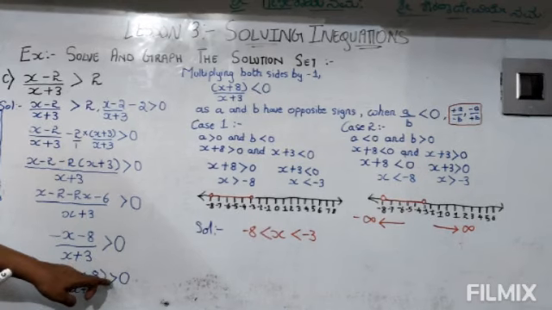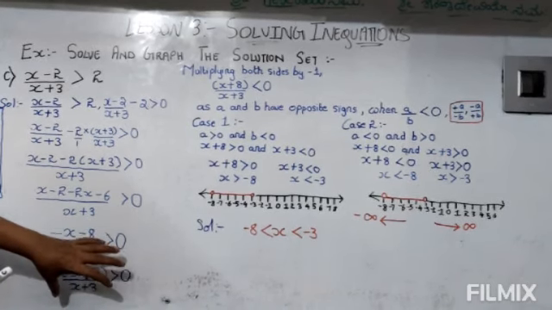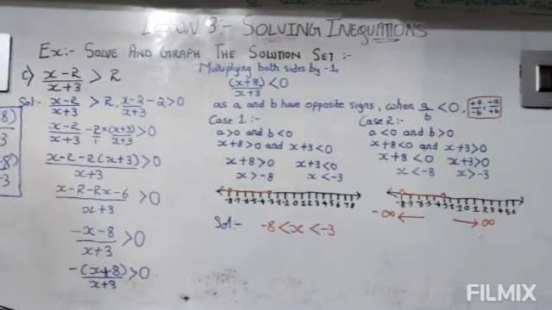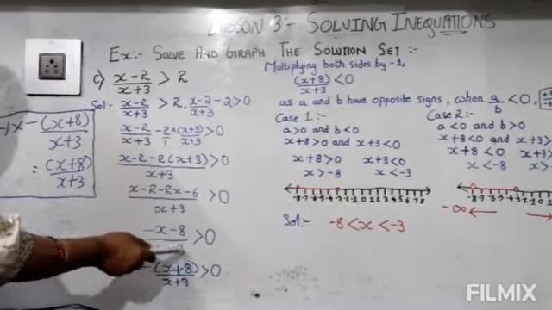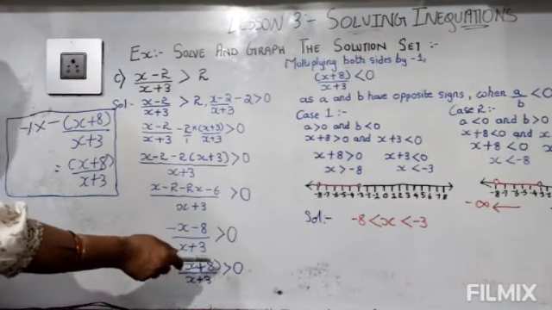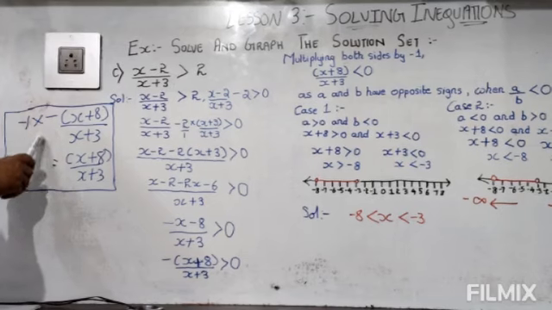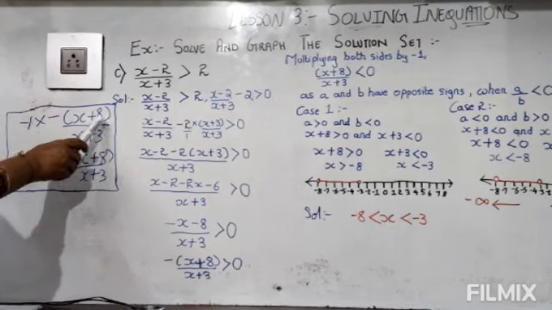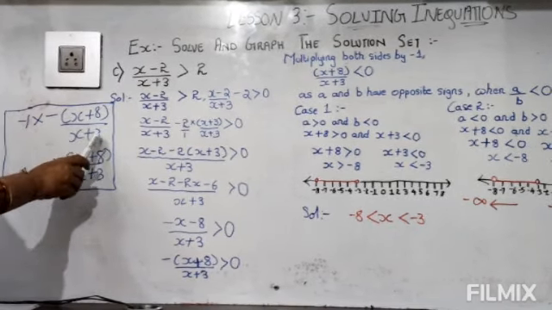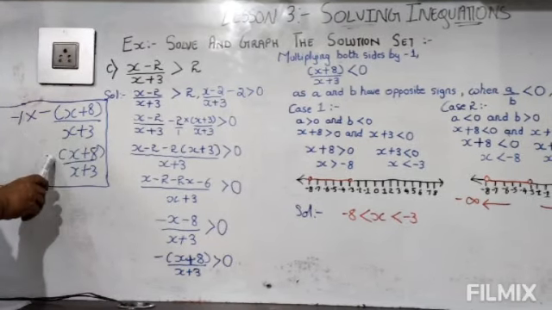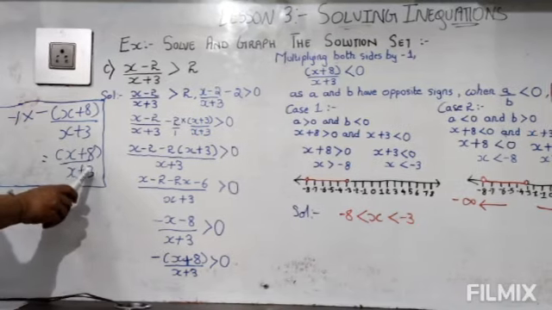I have explained this in two earlier sums. Look here, multiplying by minus 1 on both sides. I have shown here minus 1 into minus x plus 8 by x plus 3, that is minus into minus, plus x plus 8 by x plus 3.